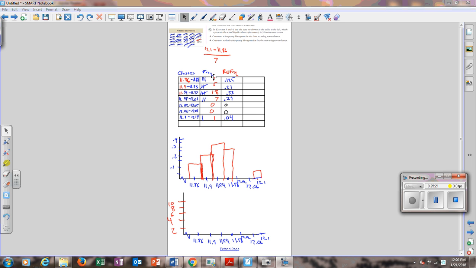Alright, our frequencies are listed here. Our first one is 3. So you go up 3. Second one is here. Go up 5. Number 8 is 0.33.